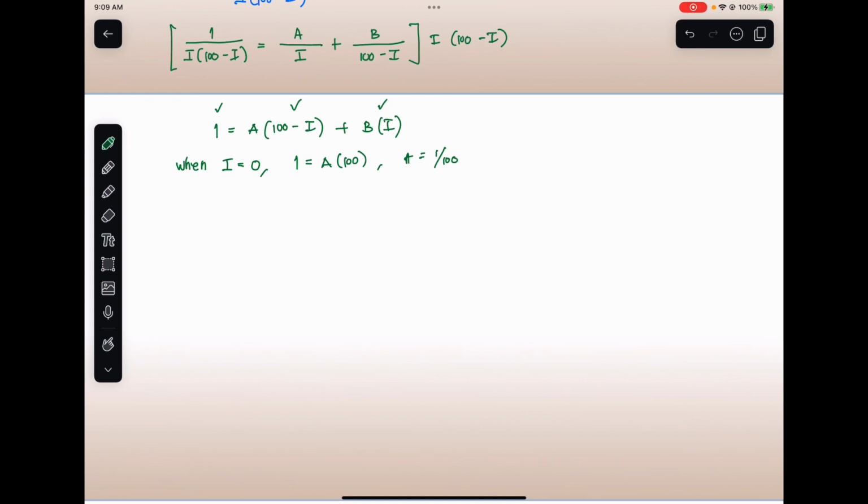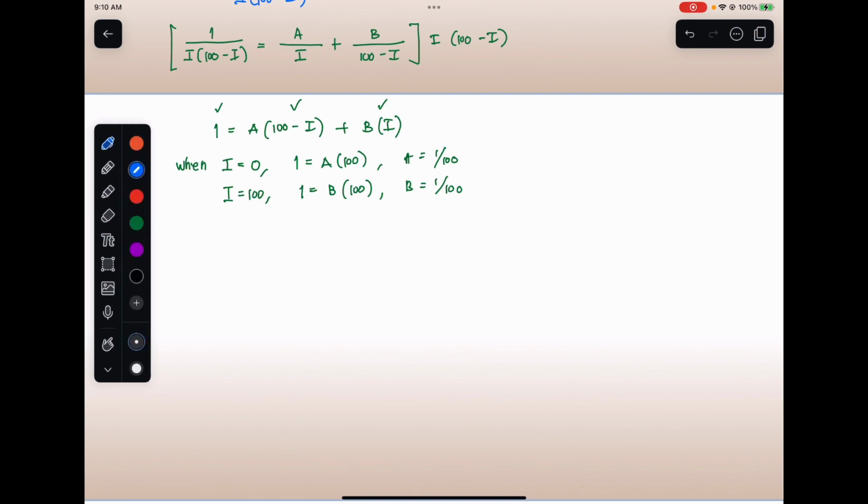And then to solve for the value of B, we assume that I is equal to 100. So we write 1, and then 100 minus 100 will be 0, eliminating A, and then B times I is 100. Thus B is 1 over 100.